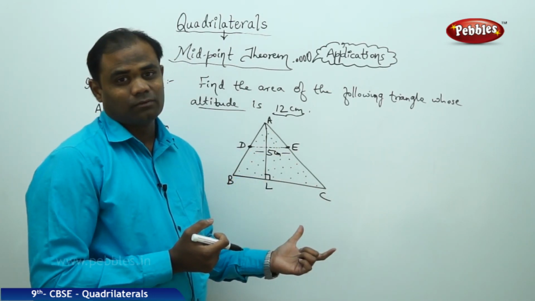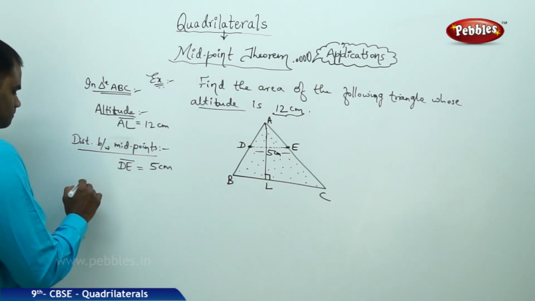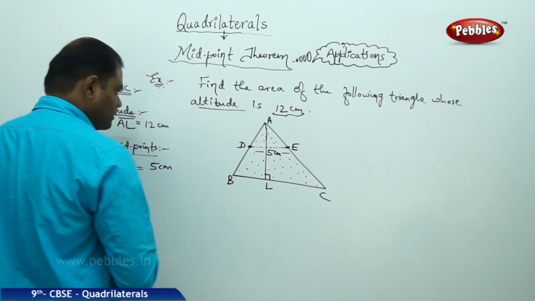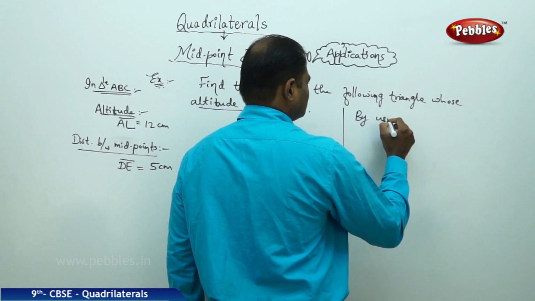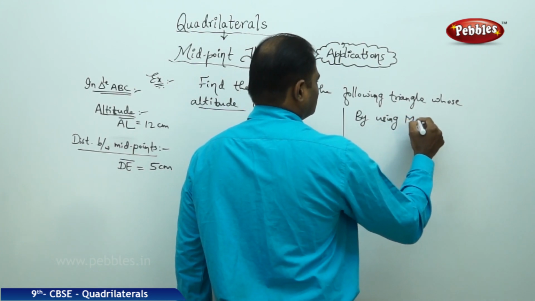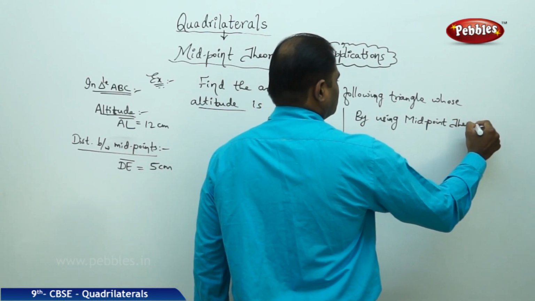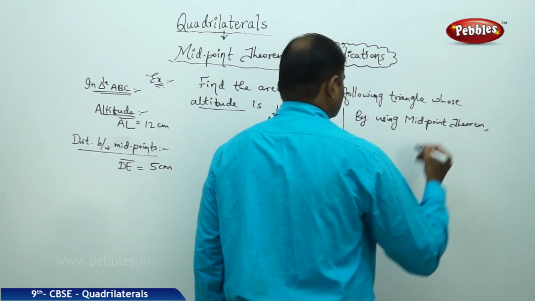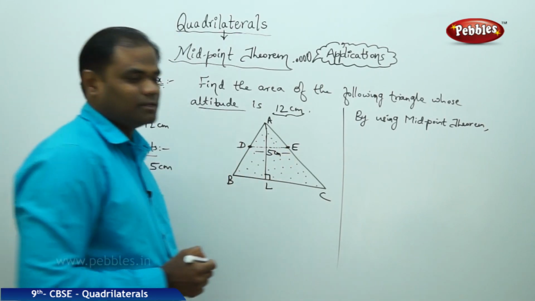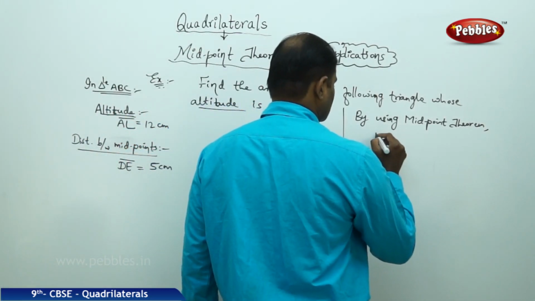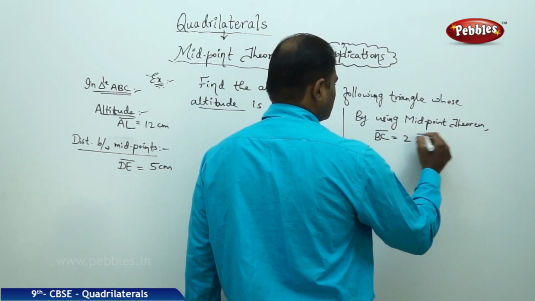Let's see how we can do it using the midpoint theorem. In my triangle ABC, BC is twice DE.